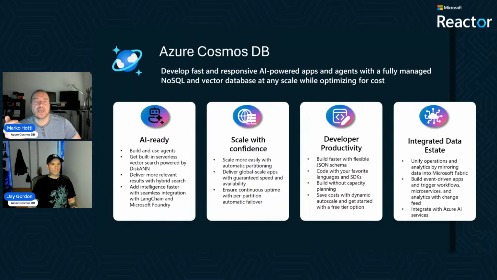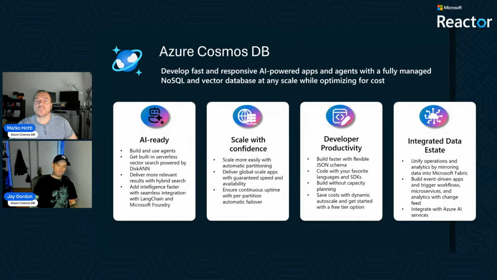And this is exactly where Azure Cosmos DB comes in. So what is Azure Cosmos DB? At its core, it's a fully managed NoSQL and vector database designed for modern apps that need low latency, massive scale, and global distribution. We are really talking about single-digit millisecond performance, automatic scaling, and multi-region availability, everything built in.